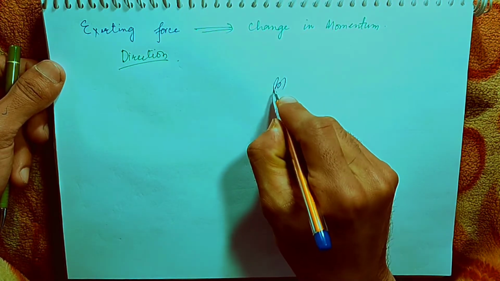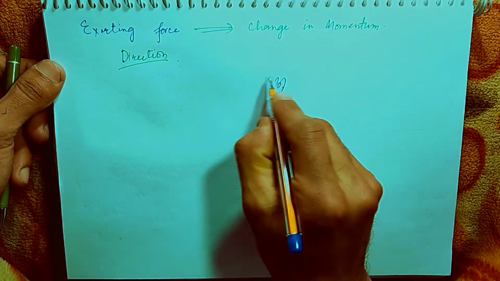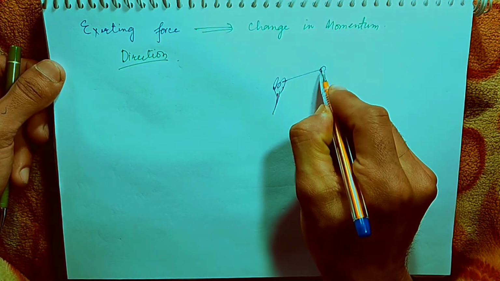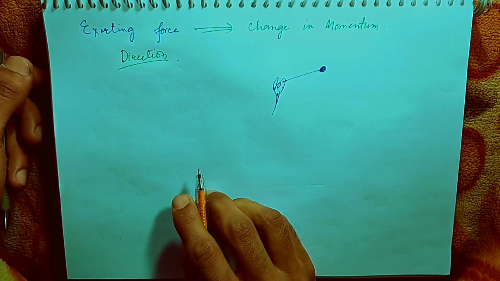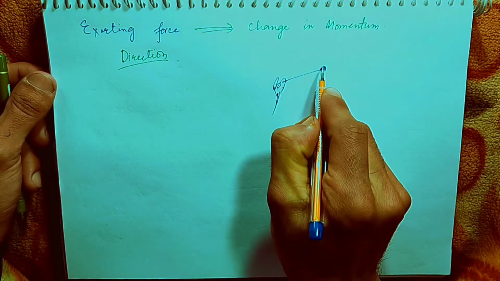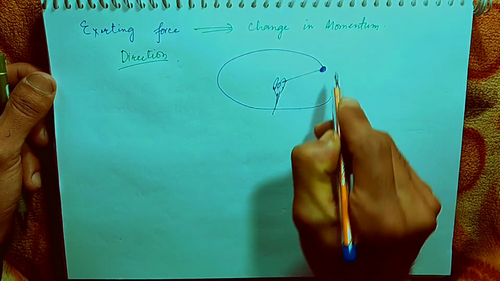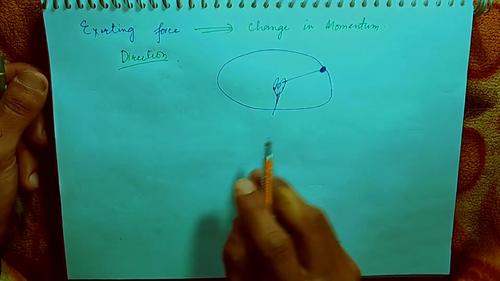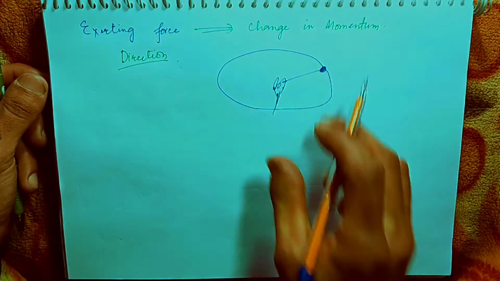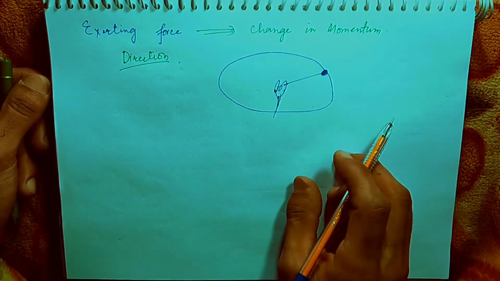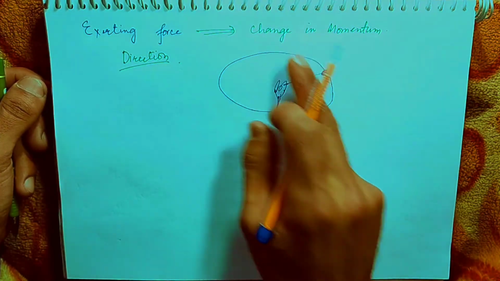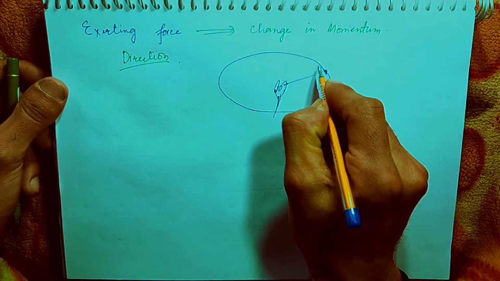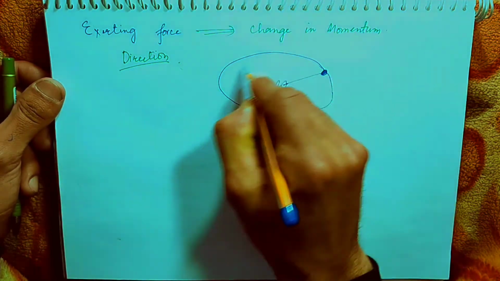If my hand is there, and with the string I have kept a marble there, and it is rotating. I am rotating this very marble in a circular path, okay? It will be rotating in the circular path.